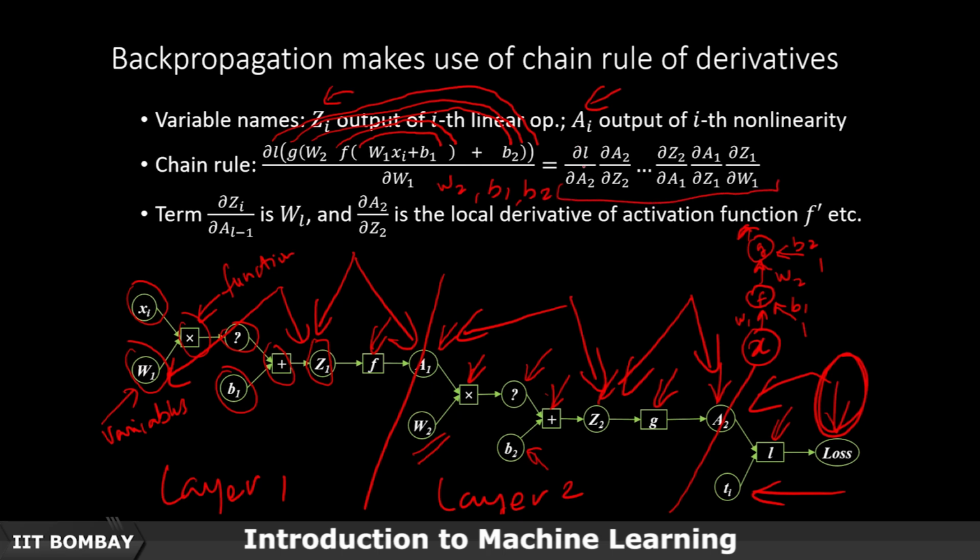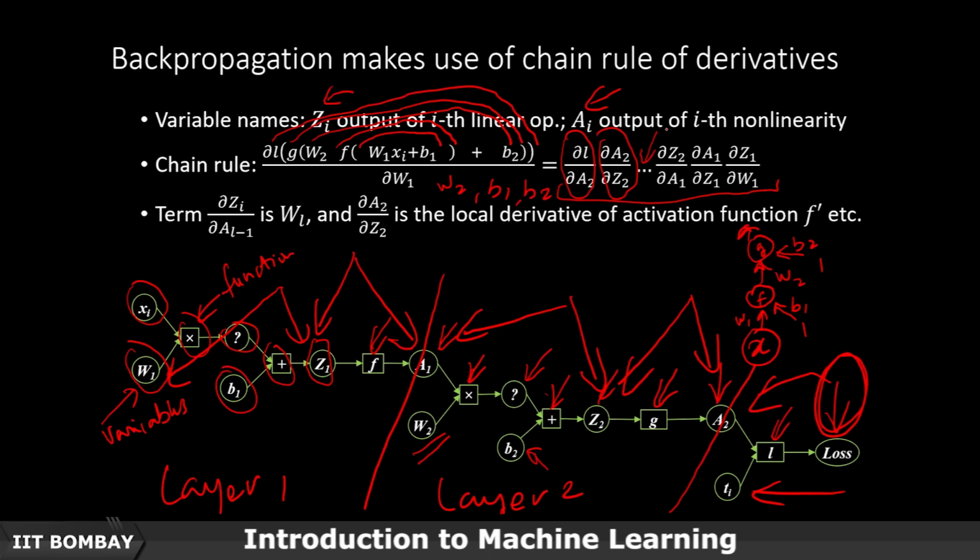We have the nearest variable to L, which is A2. We will compute that derivative, and then we will compute the derivative of A2 with respect to Z2, and then dot dot dot. I introduced some dots in case it was not A2 but AL, some large number of layers. Here we have only 2 layers, but what if we had 4 layers or 5 layers?